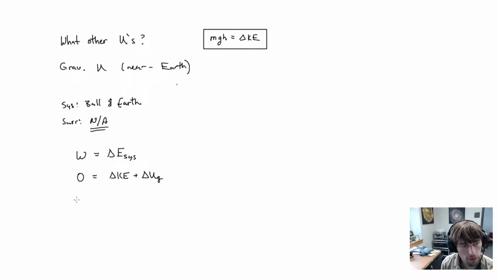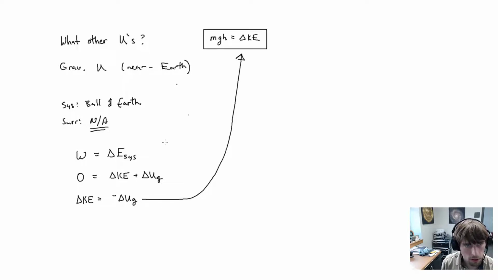If I rearrange this, I get KE is equal to negative delta Ug. And now I have 2 equations.